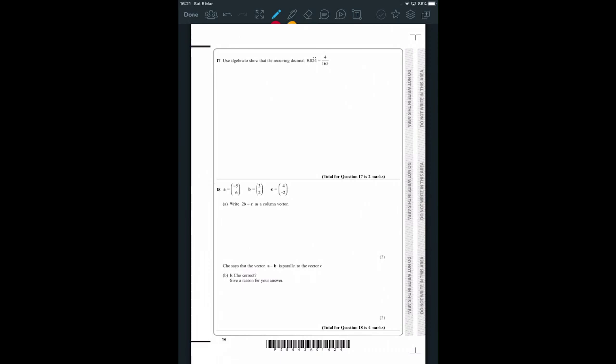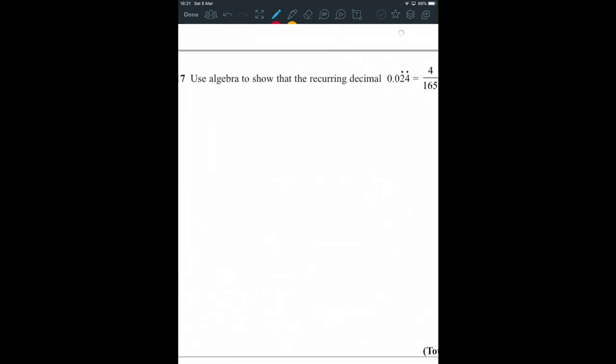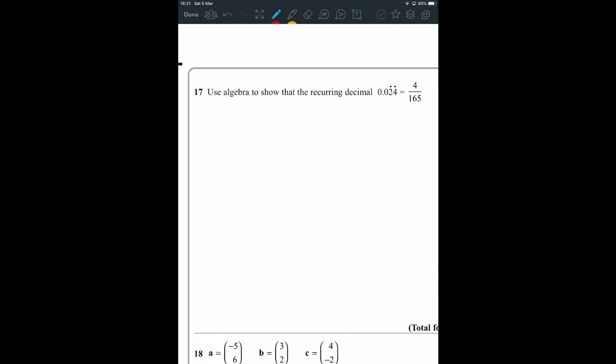Question 17. Use algebra to show the recurring decimal is. Our trick here is to let x be that recurring decimal. And notice, because of the dots, only the 2 and 4 repeat. I like at this point to write out the repeating part a few times.